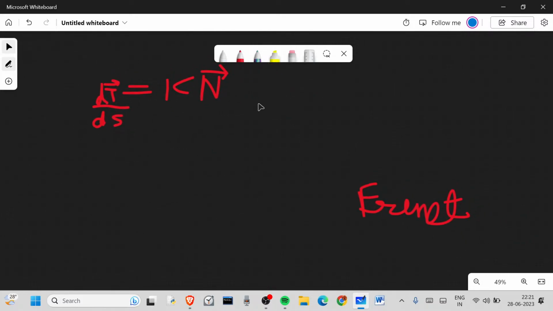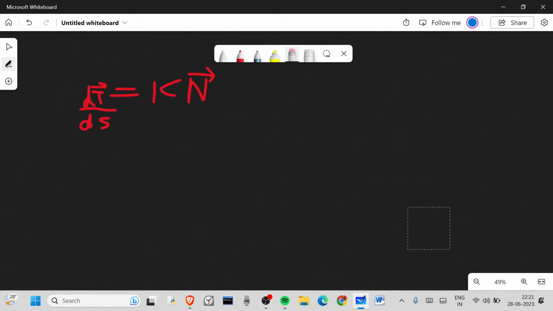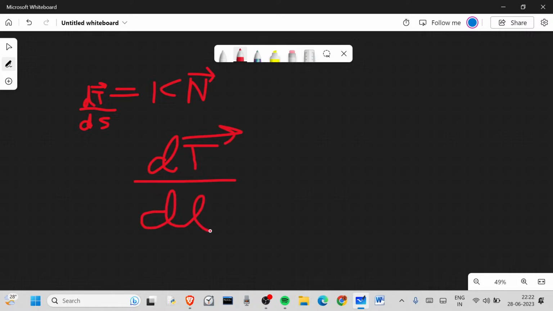To prove this, which is a very simple formula, what we simply need to do is apply the chain rule. That is dT by dt into dt by ds.